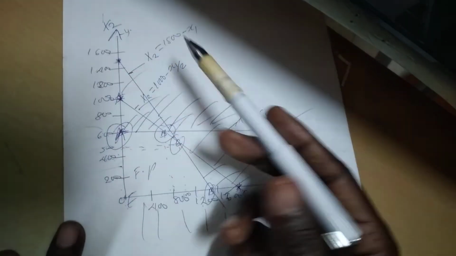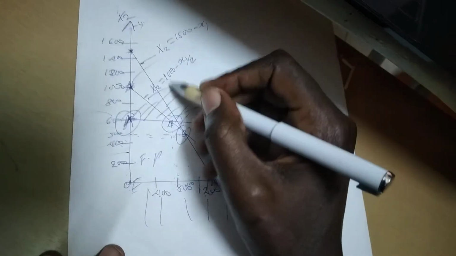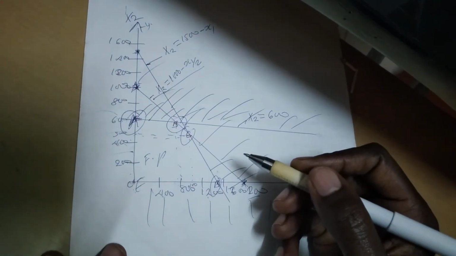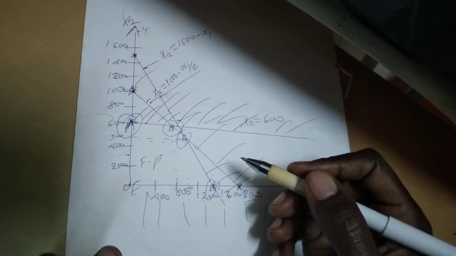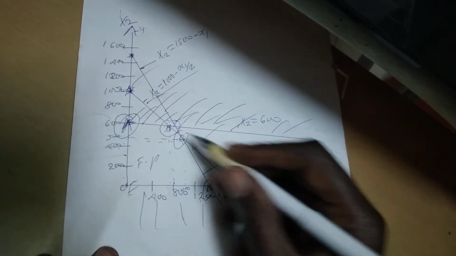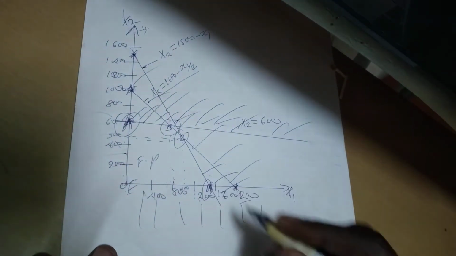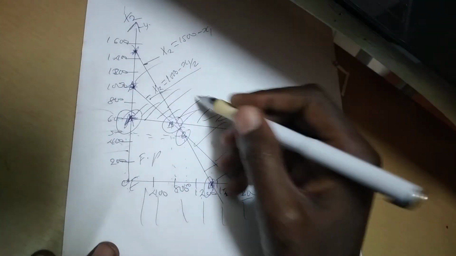Now, once we have done that, we do the plotting. Our first equation is x2 equals 1000 minus x1 divided by 2. When you plot this equation, this is the graph. So meaning that x1 is less than.